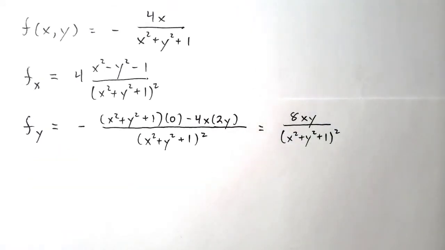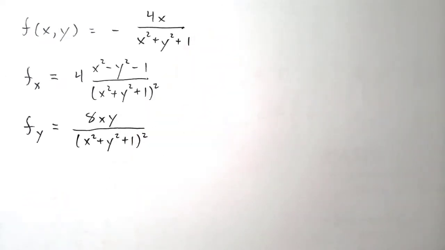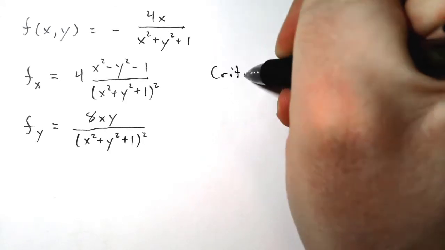Okay, so that's it. We'll just write that in next to fy. Those are the first derivatives. Now these are what we need to identify where the local min might occur. What we're going to do is see where these are equal to 0. These will be the critical points.